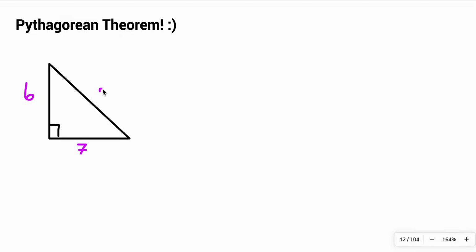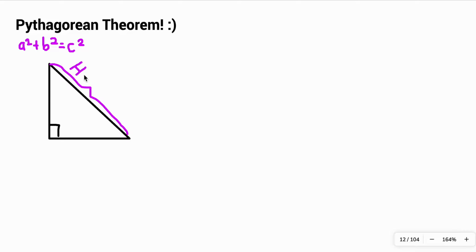So, for example, 6 and 7, we don't know this third side length, so we can use this theorem. Our formula for the Pythagorean theorem would be a squared plus b squared equals c squared. And I am going to label our side lengths for vocabulary.